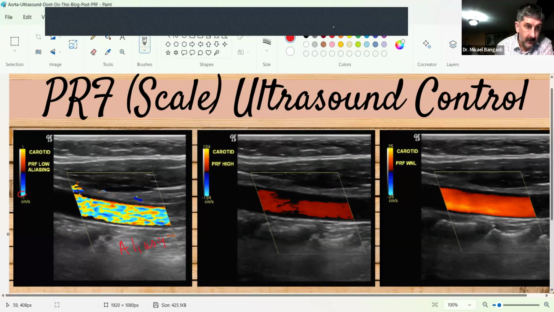Because we have this color in the blood vessel, and you even have this color within the blood vessel. Did that make sense? So what do we do? We increase the scale, right? Clear? So if we slightly increase the scale, we may get this.